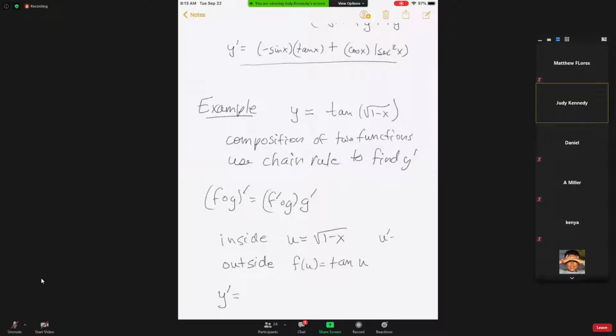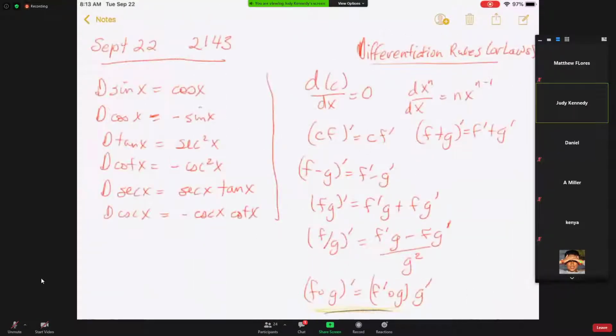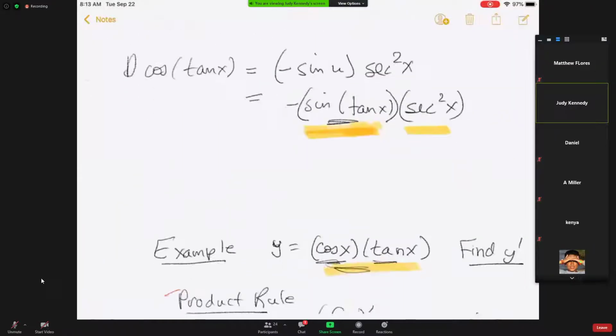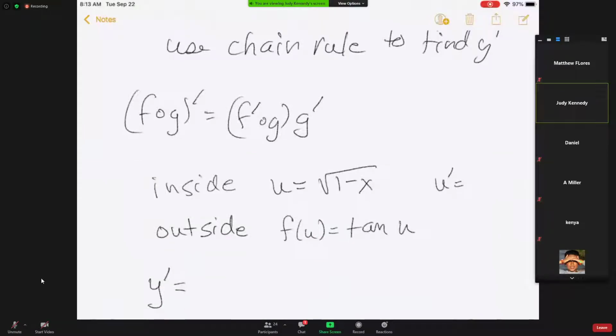Okay, well, how about I give myself more room? So u prime, well, this is equal to 1 minus x to the 1/2. That's the square root of 1 minus x.